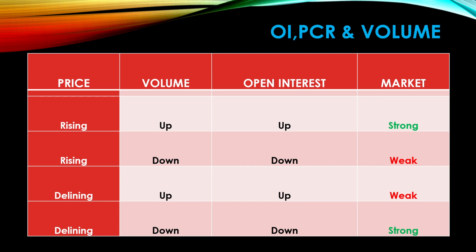When put is high, that gives a sentiment that the market is strong, it is going to go up. But when call purchase is high, that means the market is going to fall, because those who are buying call, what they anticipate?